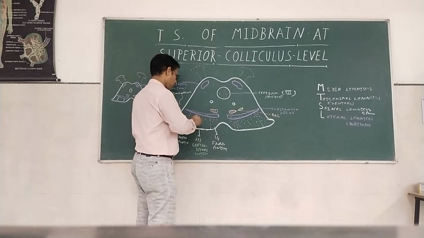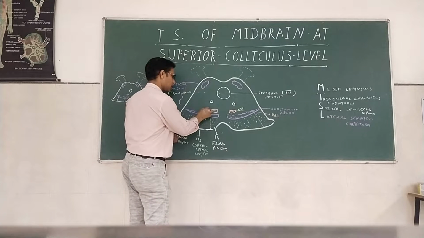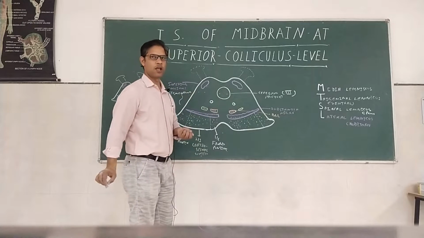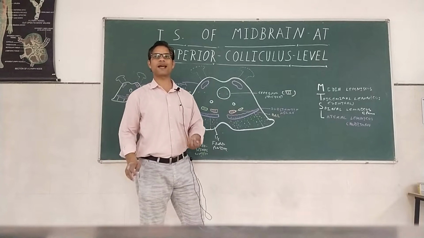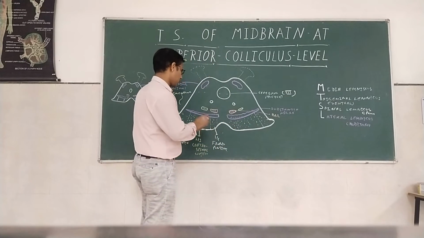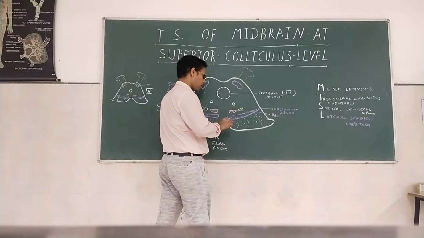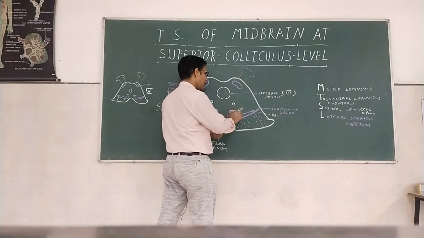But the major tract which you can see here is the trigeminal lemniscus tract, and that is actually the ventral trigeminothalamic tract. Dorsal is this one.